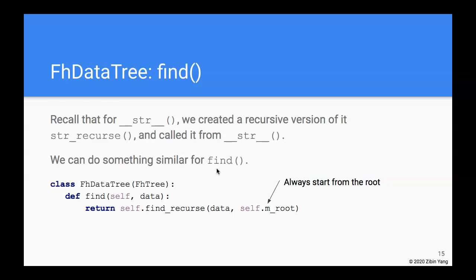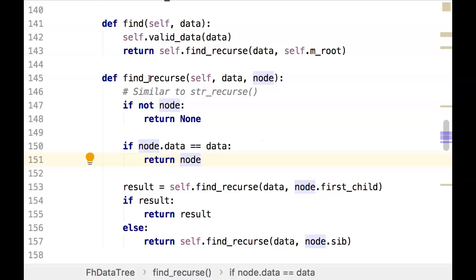So we'll do something very similar for find: we'll create a find recurse method, and we will call the recursive version from find, the non-recursive method, and bootstrap it from the root of the tree. Now, the find recurse method is going to look very familiar to those of you who remember how the string recurse was implemented. So the parameters it takes: it needs the piece of data that it is looking for, and the node that it should start the searching from.